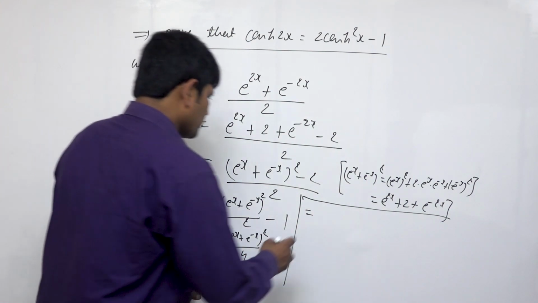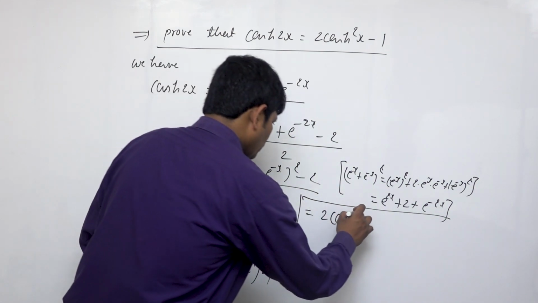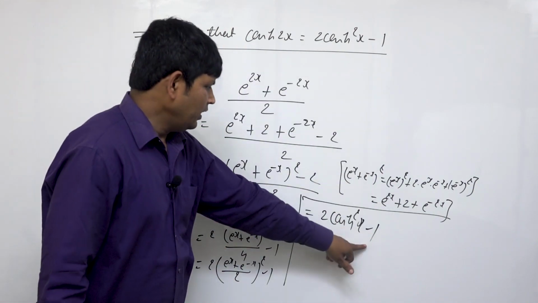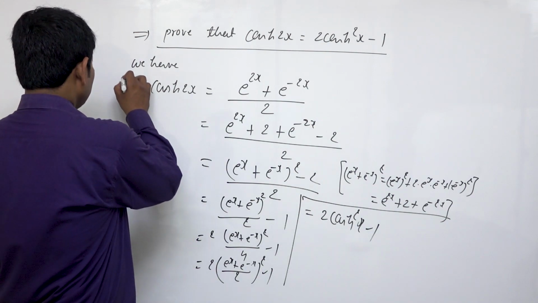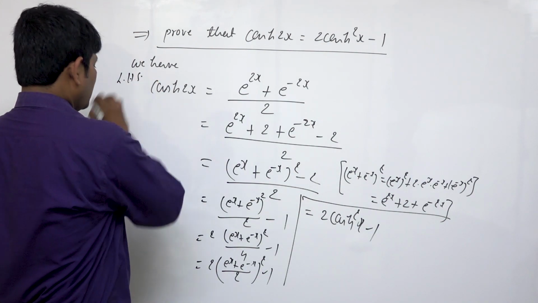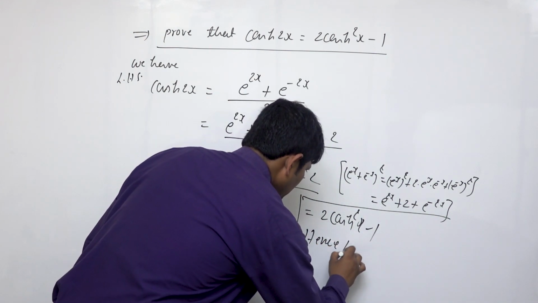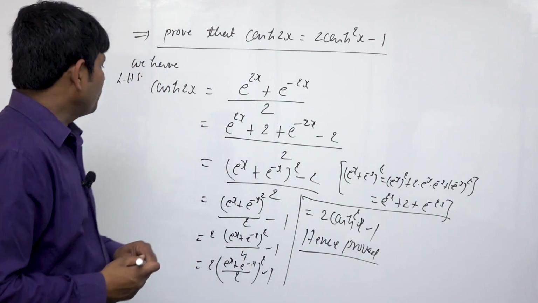So this is 2 times cos hyperbolic square x minus 1. Hence we proved the RHS equals the LHS. Hence proved. This way we can prove hyperbolic function identities.